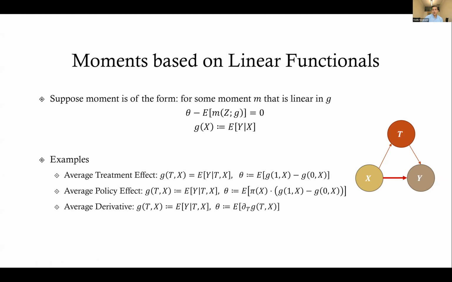Our goal is to be able to construct confidence intervals for theta while allowing for machine learning estimators to be used for g, either in cases where x is high dimensional or in cases where x is low dimensional, but we want to be non-parametric and flexible, and we want to use techniques like random forests.